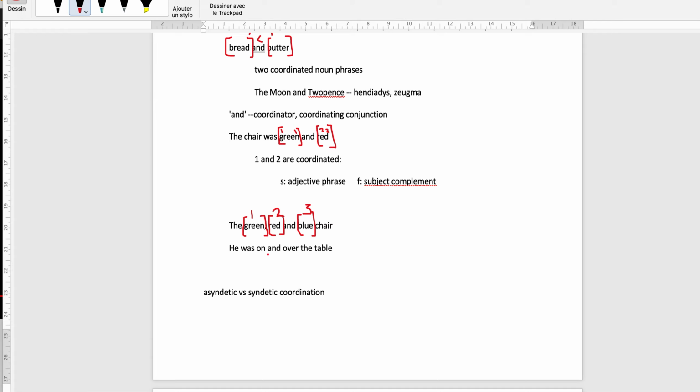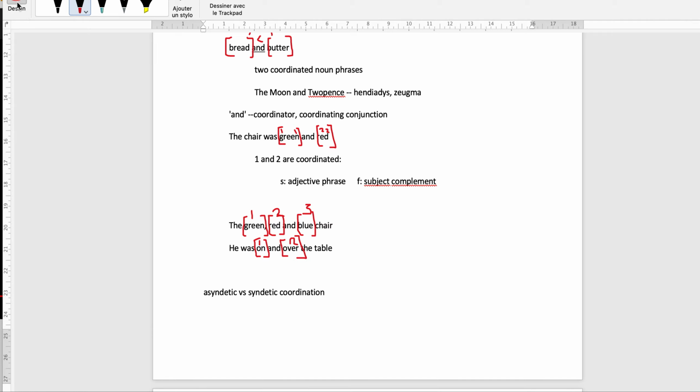This next one is just to show you that anything can be coordinated. First of all, we can coordinate a lot of things, right? We've just looked at noun phrases and adjective phrases, but here we have, by the way, something we've seen. This is going to be 1, this is going to be 2.